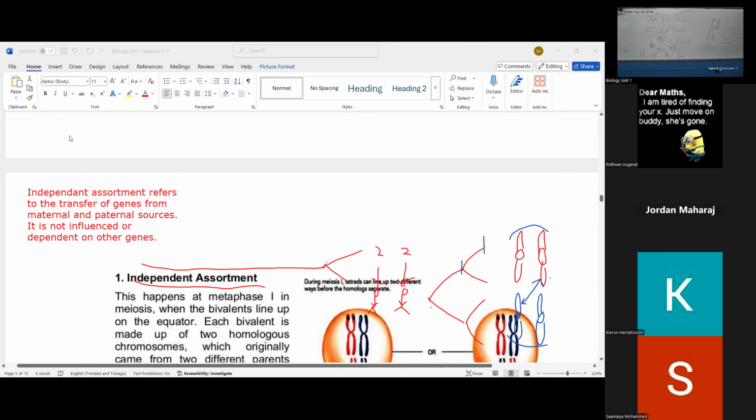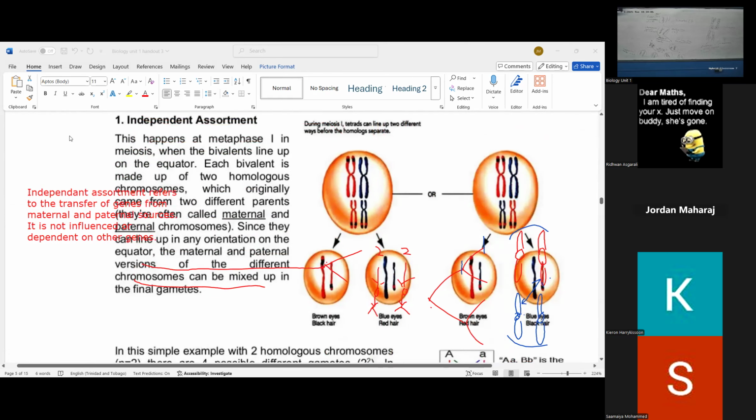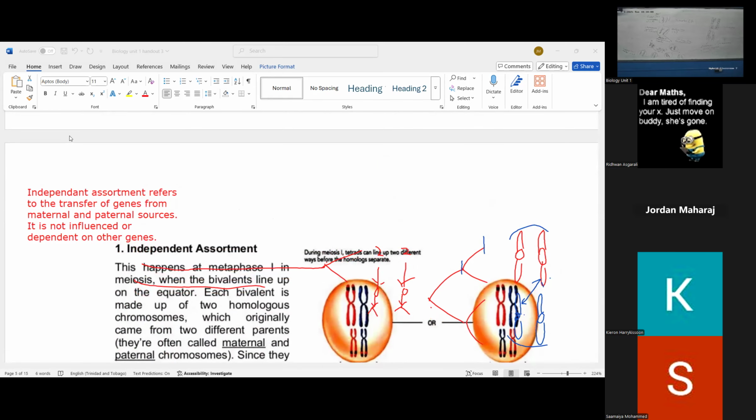If I have a diagram here, this could be easier to explain. Let me look at the diagram.